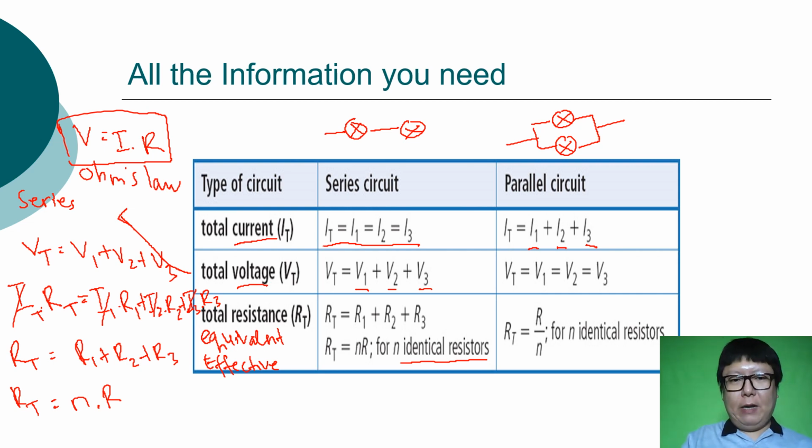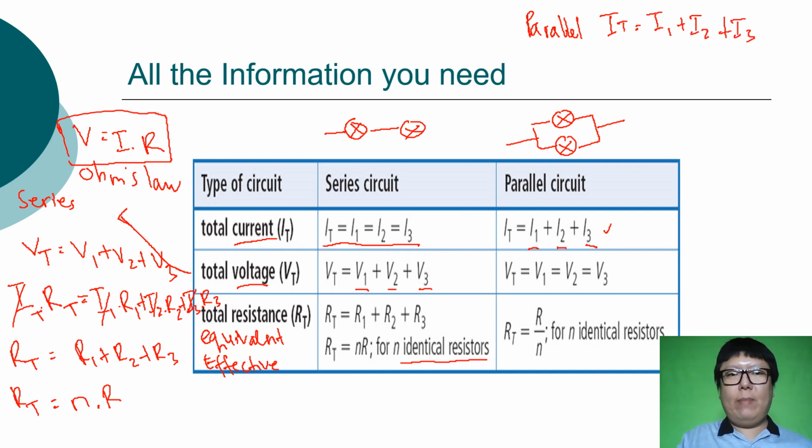How about the parallel one? If it is parallel, we use these equations. IT equals I1 plus I2 plus I3, right? Then how do we find the I from these equations? I equals V over R, right?